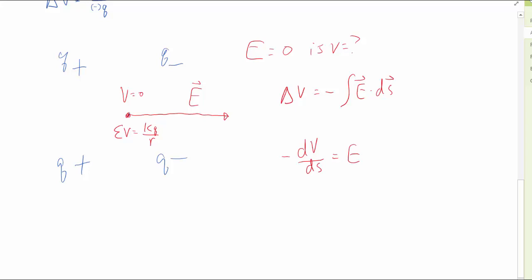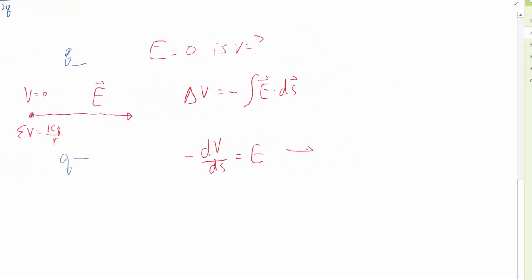Now, if you know a little bit more fancy math, you can say, wait a minute, I know the electric field is a vector. How are you pulling a vector out of this? If you're being very careful and doing the math properly, you're taking partial derivatives.